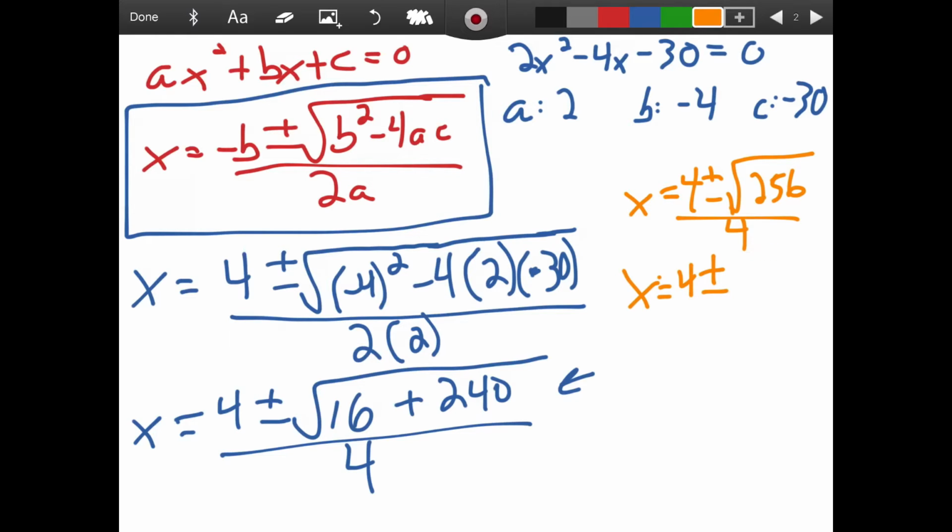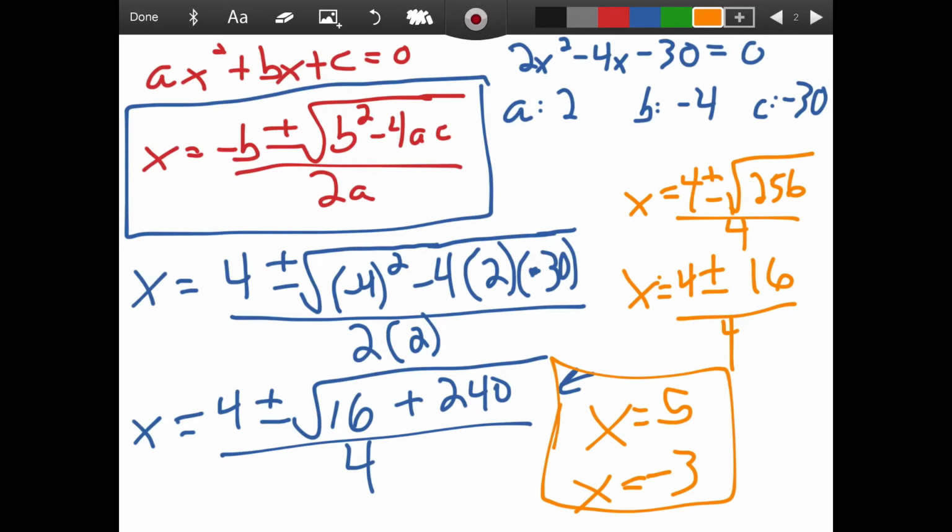That's 16. So we get 4 plus or minus 16 over 4. When we add 16, divide by 4, we get 20 over 4. So we would get x equals 5. And then when we get 4 minus 16, we get -12 divided by 4, and we get x equals -3. So that would be our solution set to this problem.